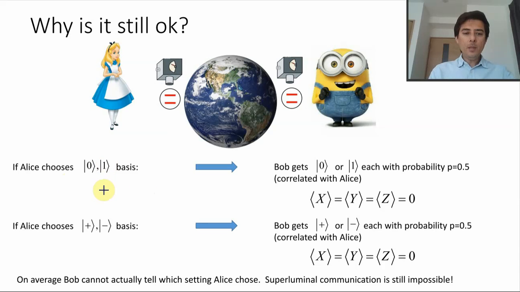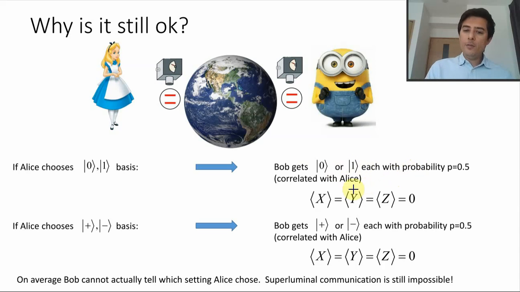If Alice chooses 0 and 1, Bob gets 0 and 1 randomly, or more precisely, with probability a half. Yes, it's correlated with Alice, but he's so far away that he can't verify that at this point. All he can see is random values of 0 and 1.